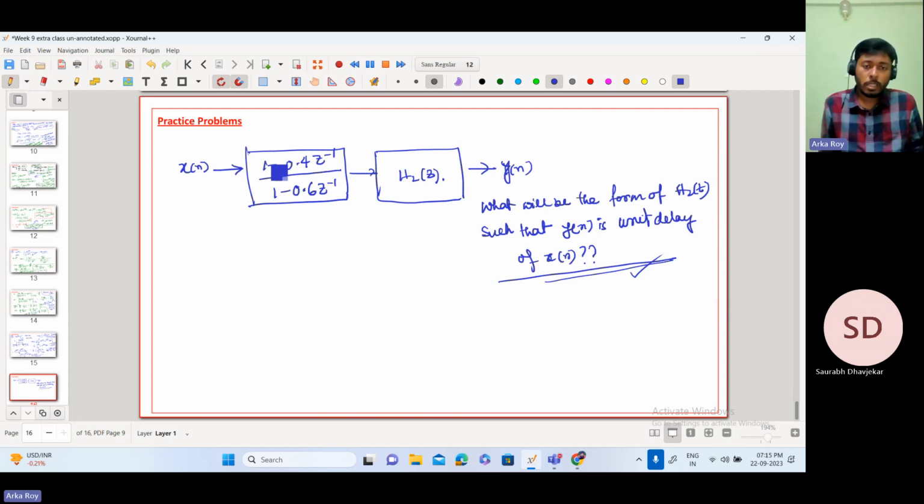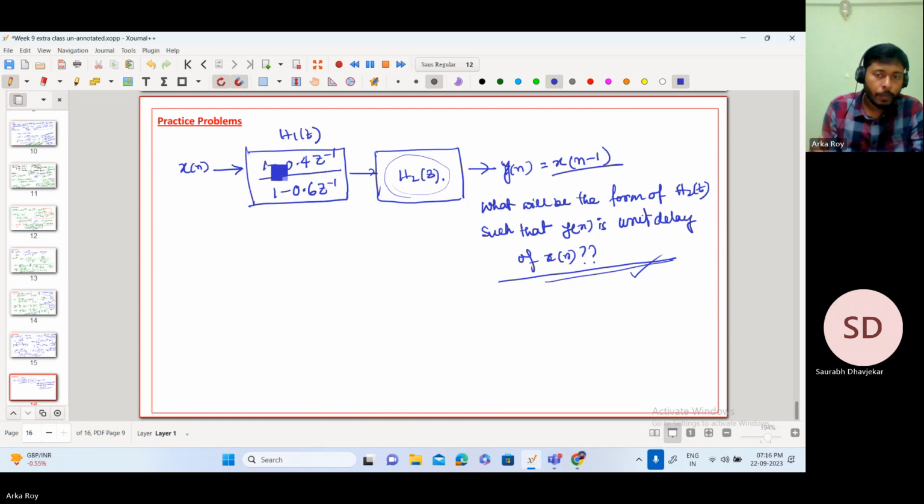So you have been given two systems, one having H1(z), another H2(z), and the output is y[n]. What is the expression of H2(z) such that the output is just a unit delay of the input? That means, to simplify, y[n] is equal to x[n minus 1], just a unit delay of the input.